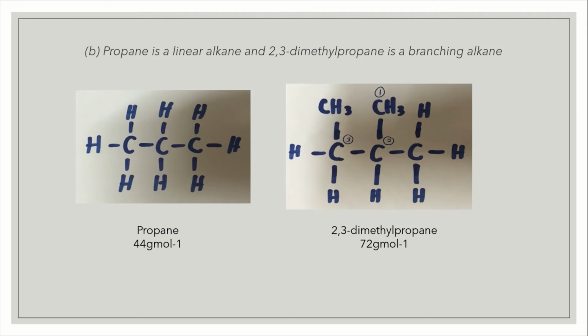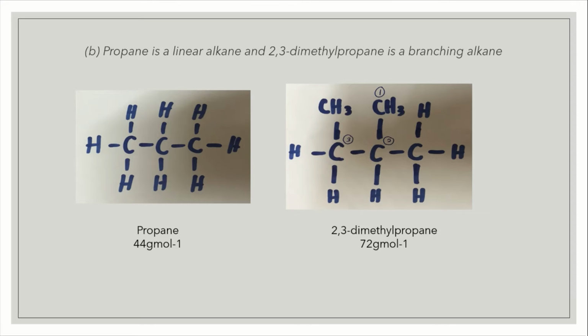Next, propane is given as the linear alkane and 2,3-dimethylpropane is given as the branching alkane. So I have also attached the structure for propane and also 2,3-dimethylpropane together with the molecular weight.